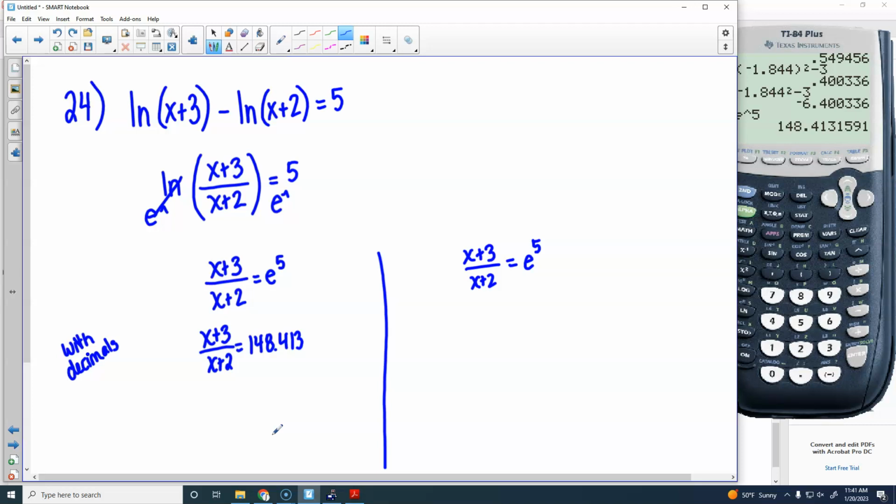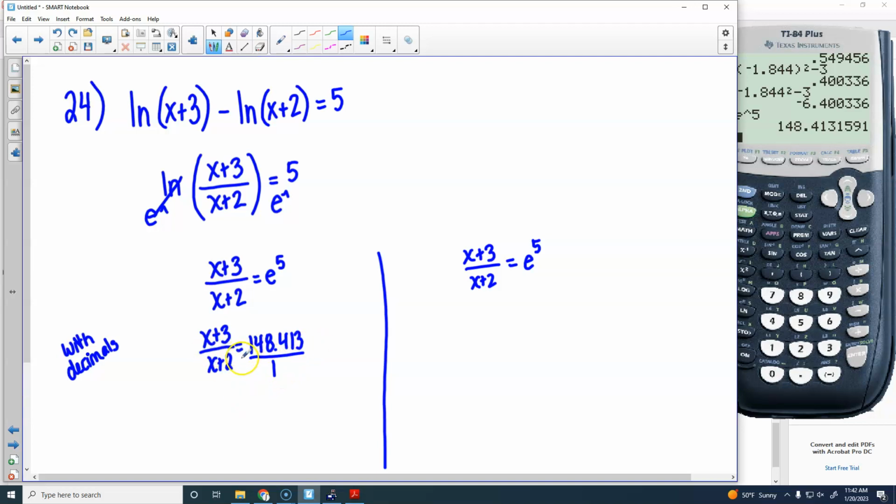All right, so how do I solve that? Okay, we can cross multiply or just think of multiplying by x plus 2. If you have an x in the denominator of a fraction, you got to get it out before you can solve this.